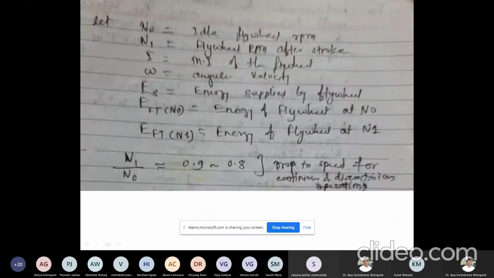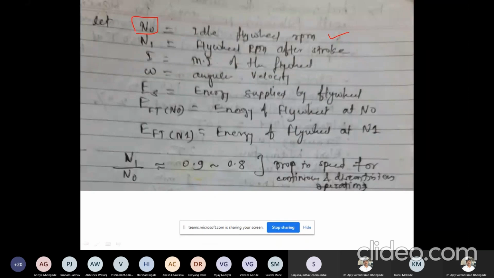So let N0 be the idle flywheel RPM. It means that if we are not putting any load on the machine, there is no cutting, blanking or drawing operation being carried out, then the flywheel, crankshaft and the overall assembly move at N0 RPM.